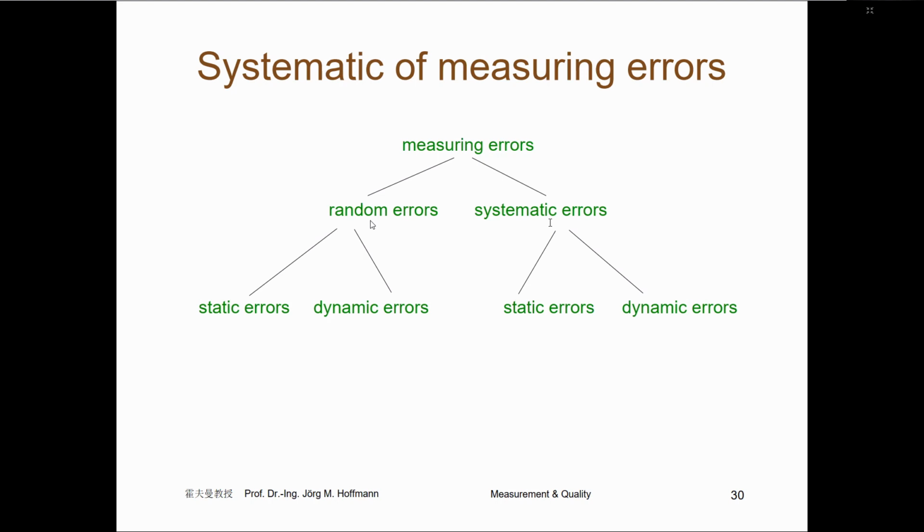When you have a balance and nobody is standing on the balance and there is nothing on it, then y should be 0. But when the balance shows a value, 1 kilogram for example, then you know that is a static value, but there is an error in it.